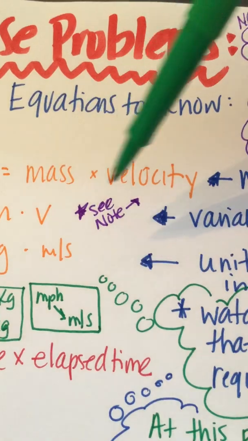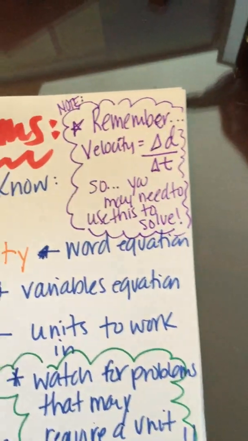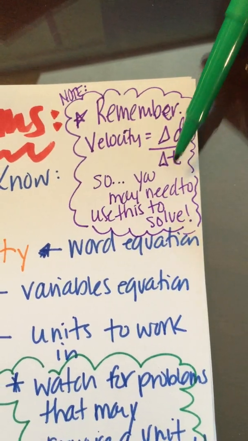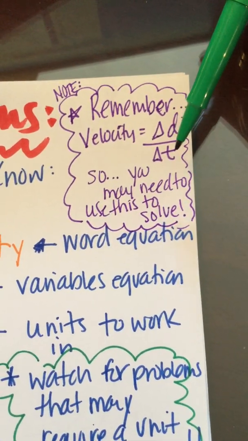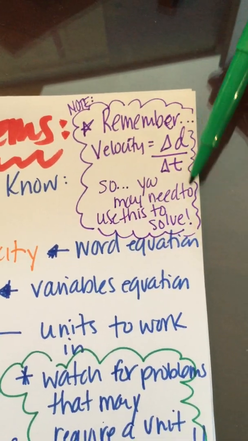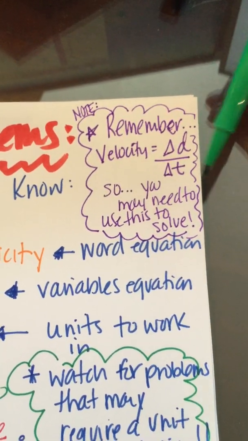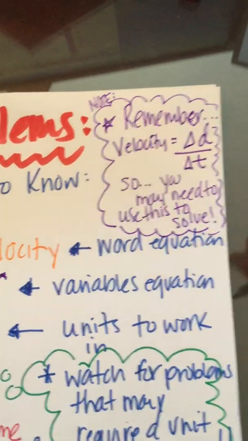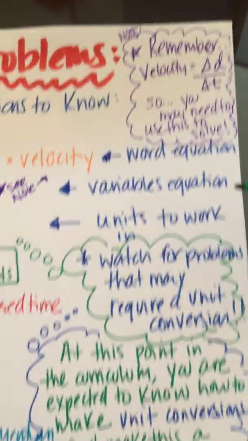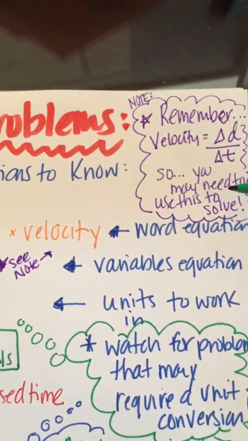Remember that velocity is calculated by doing a change in distance divided by a change in time. So if you know the distance an object has moved backwards or forward, and you know how much time it took to do that, you can calculate its velocity. So some of these problems may have multiple steps, either including a conversion or adding in velocity.